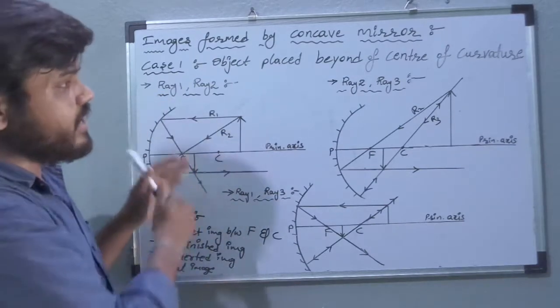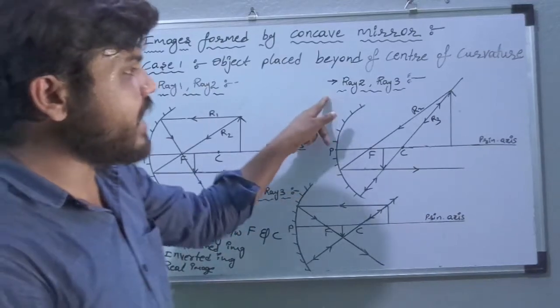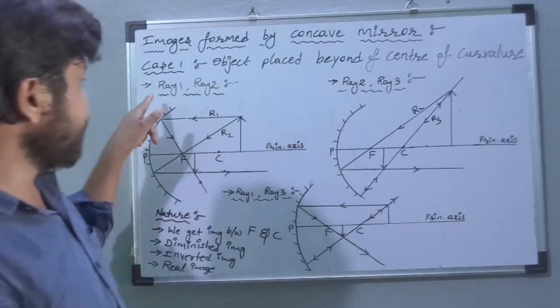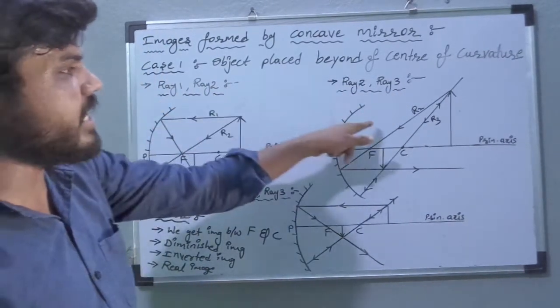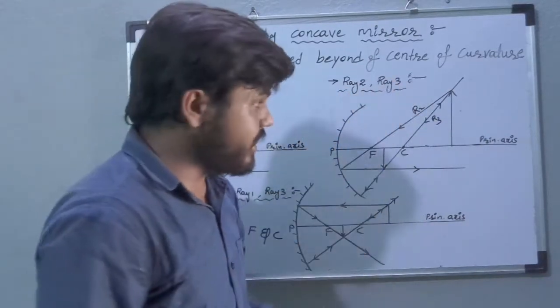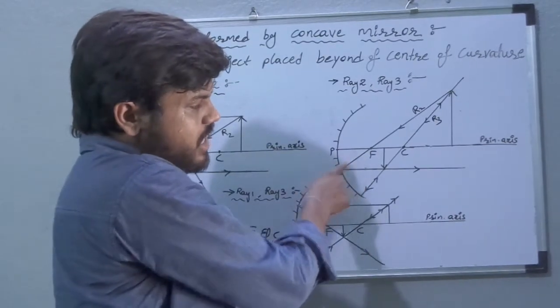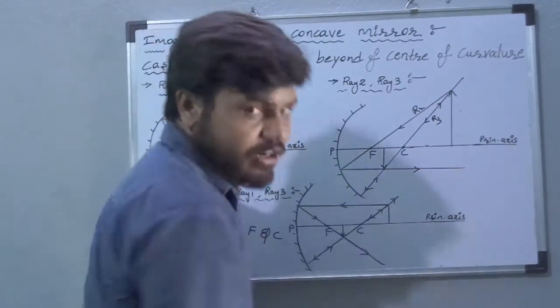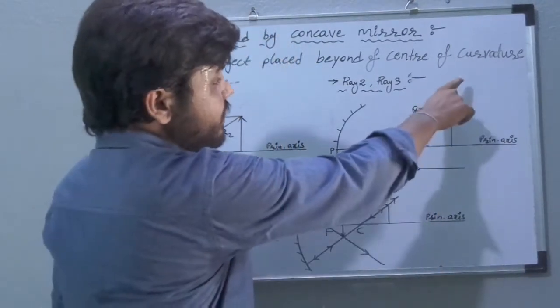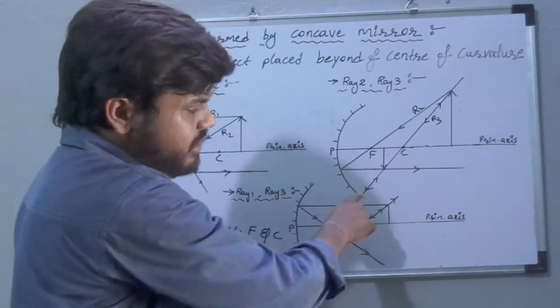In the same way I am taking another two rays, ray 2 and ray 3. In the first diagram, ray 1 and ray 2. In the second diagram I am taking ray 2 and ray 3. Same, ray 2, the incident ray passes through the focus. After reflection, the reflected ray is parallel to the principal axis. Next, ray 3, the incident ray passes through the center of curvature.